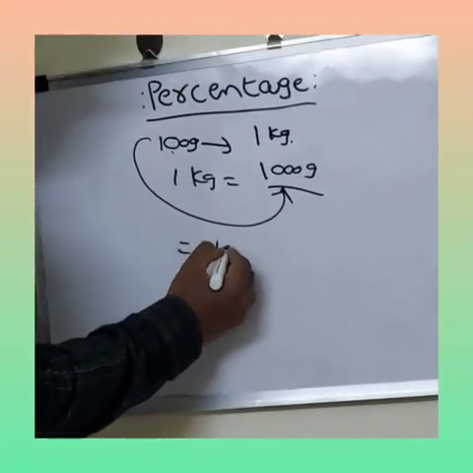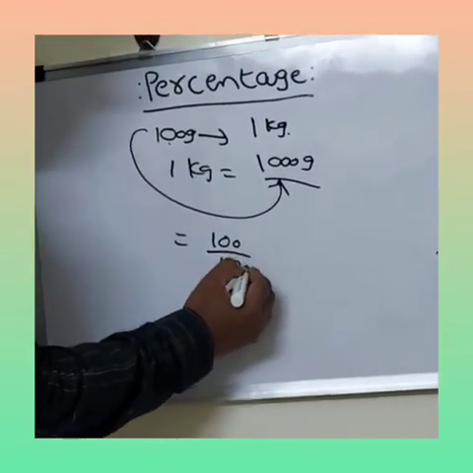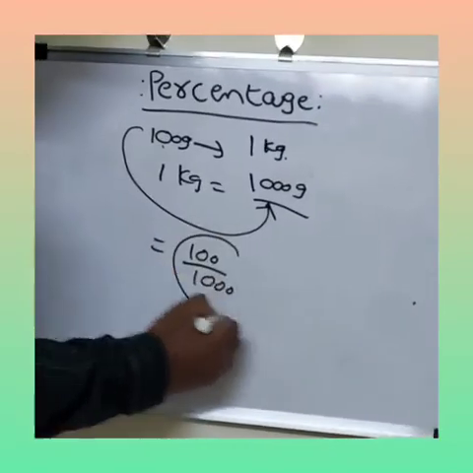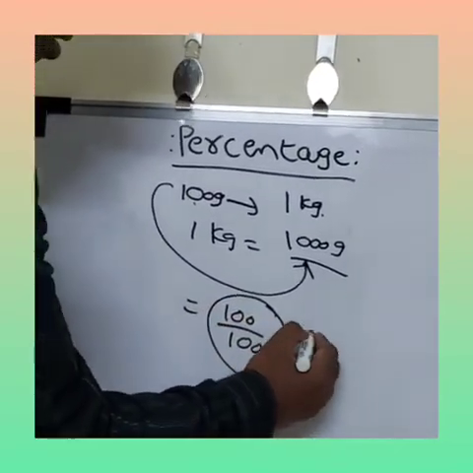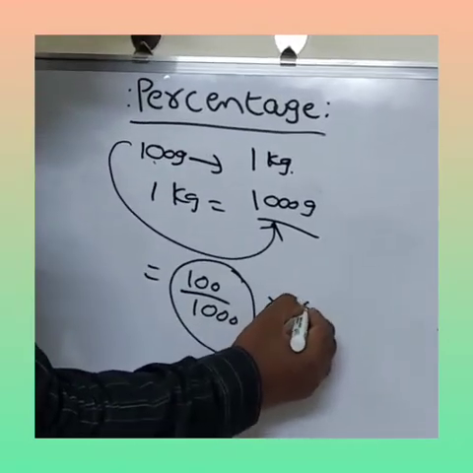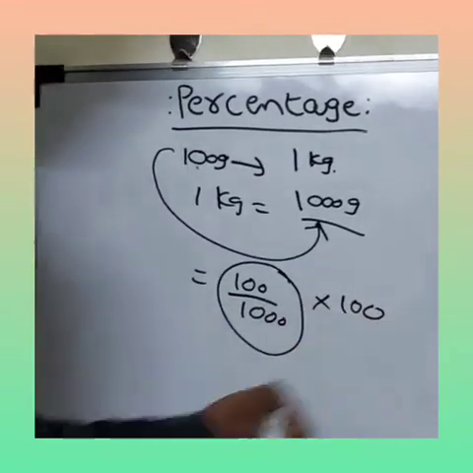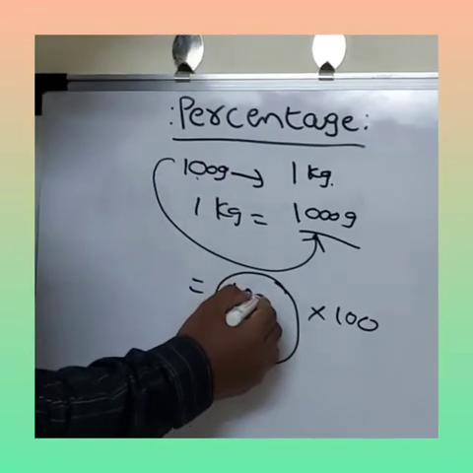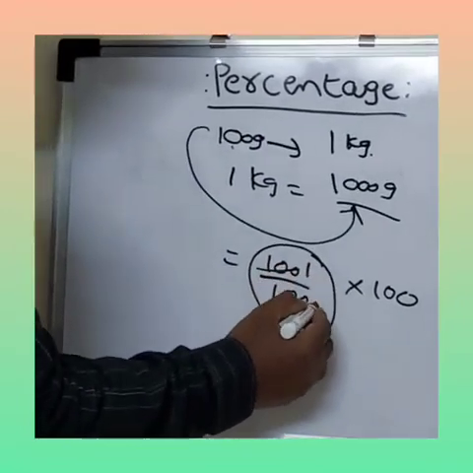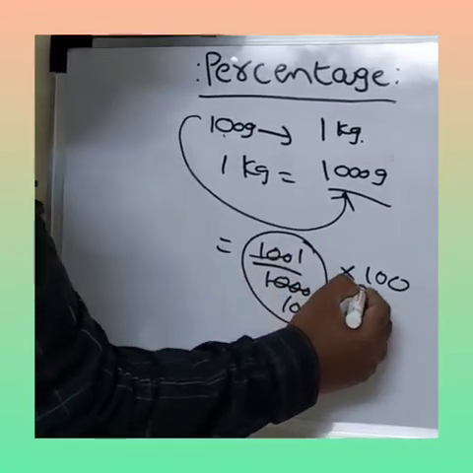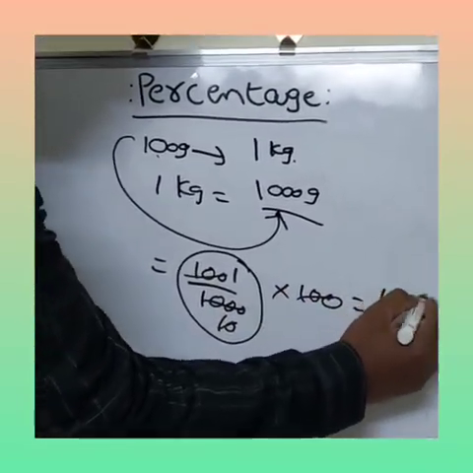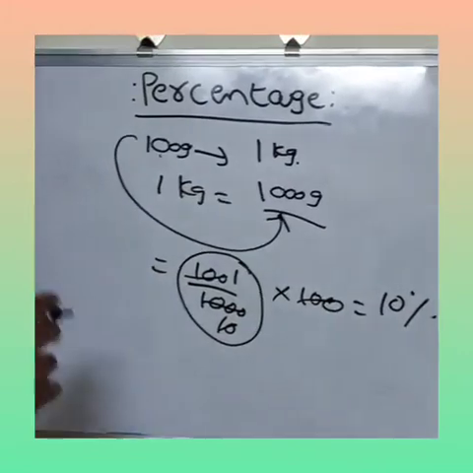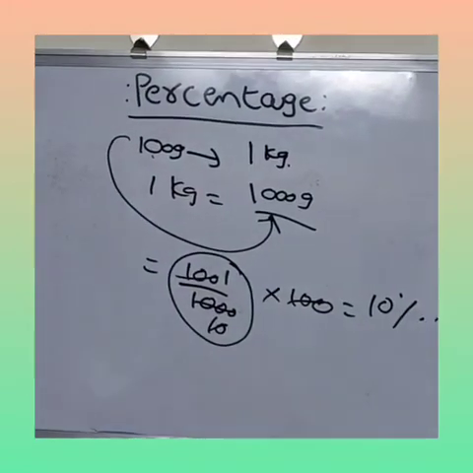So 100 by 1000. But you want to convert this to a percentage, so 100 by 1000 multiplied by 100. So 100 by 10, that is 10%. This is the way you need to solve the problem.